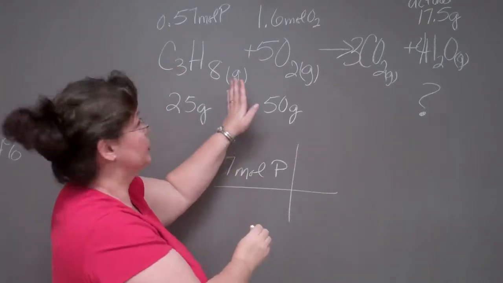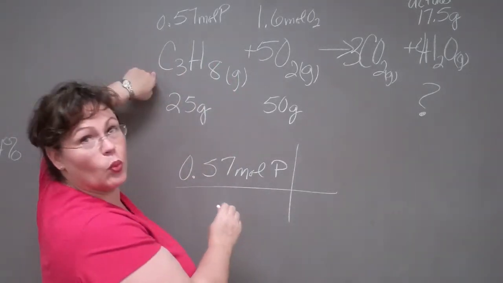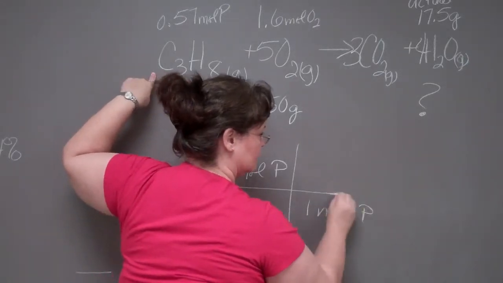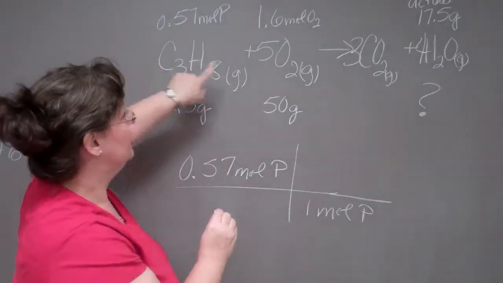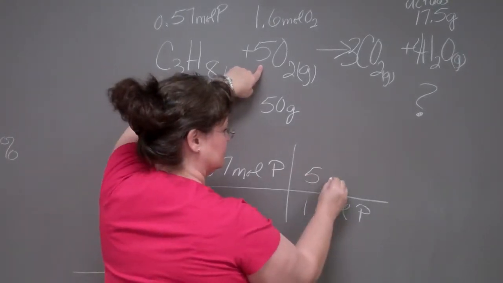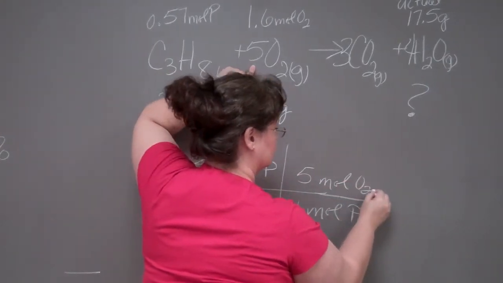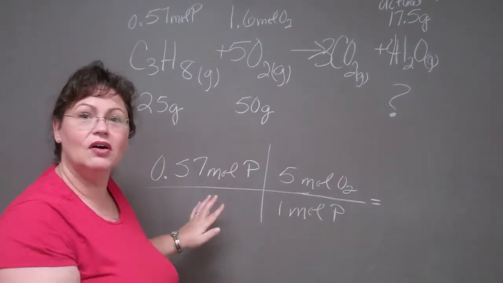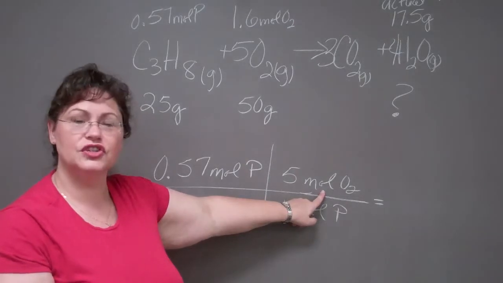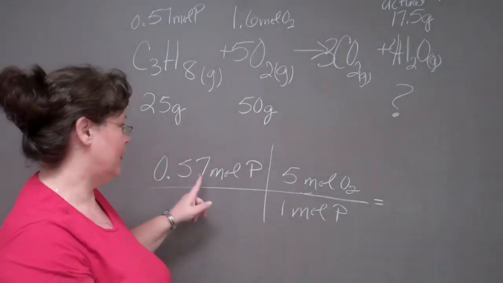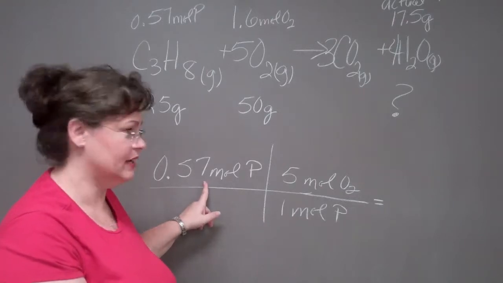Now we have to look at our stoichiometry. For every 1 mole of propane, from our balanced equation, it requires 5 moles of oxygen. When we do this math, we're calculating how many moles of oxygen is required to consume that molar amount of propane that we have.